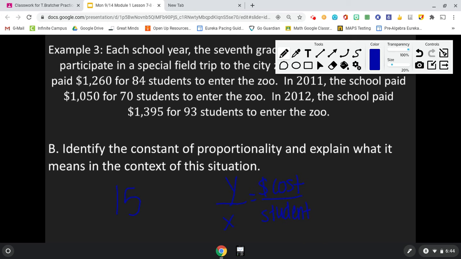So if our answer was 15, then we know it's $15 for every one student. Because a constant of proportionality needs a denominator of 1. And remember, that's really the same thing as that unit rate, and we get that by dividing.